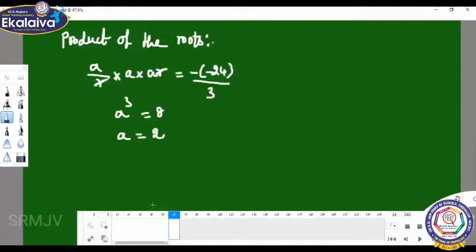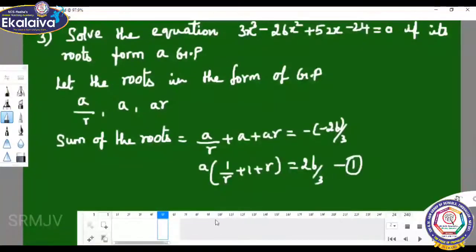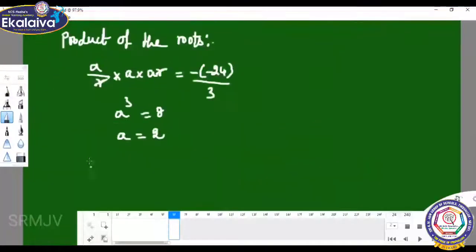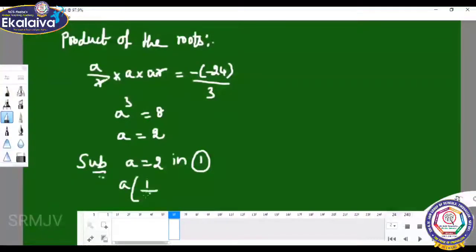Substitute a equals 2 in the first equation: a into 1 by r plus 1 plus r equals 26 by 3. The value of a is 2.